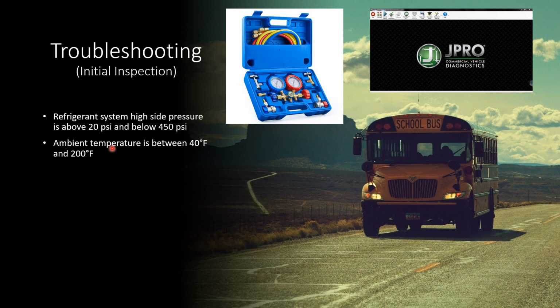So the pressure sensors and the ambient temperature sensor are going to be information that's given to the computer to engage or disengage the air conditioning compressor clutch. So the ambient temperature sensor is also going to play a factor on a lot of newer vehicles. If it's an older vehicle, it might not play a factor, or it still might. It just depends on your system.